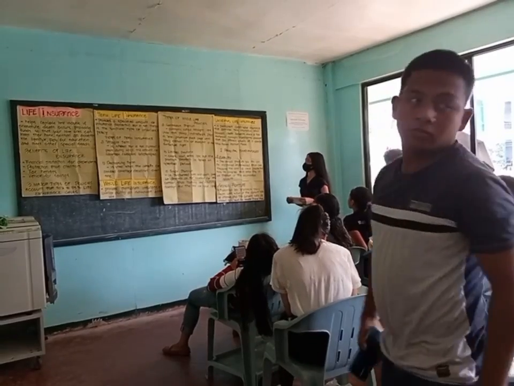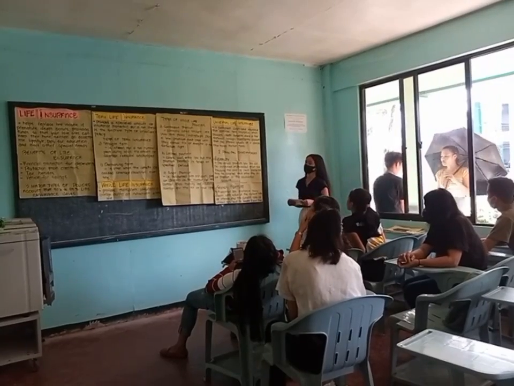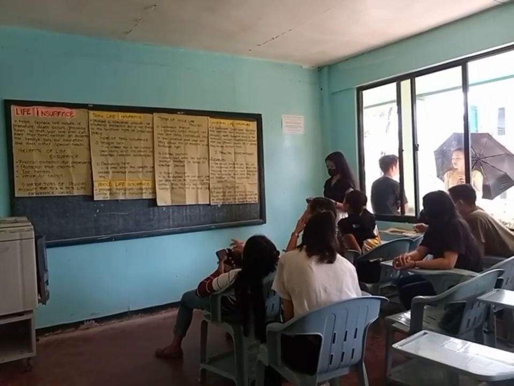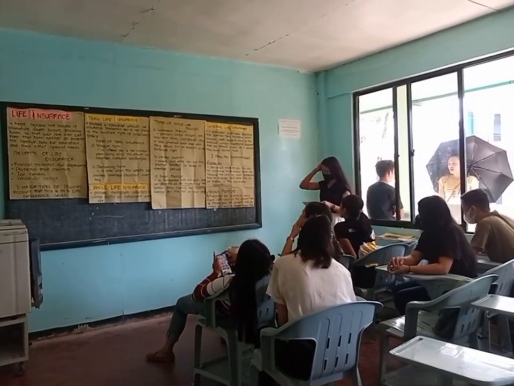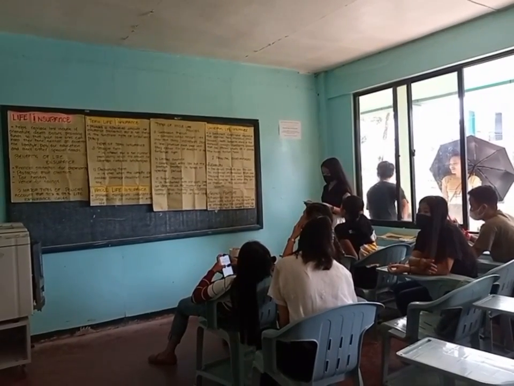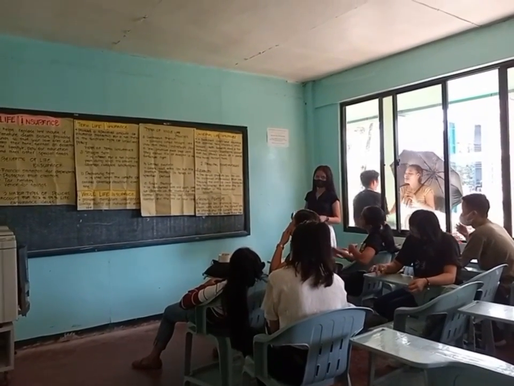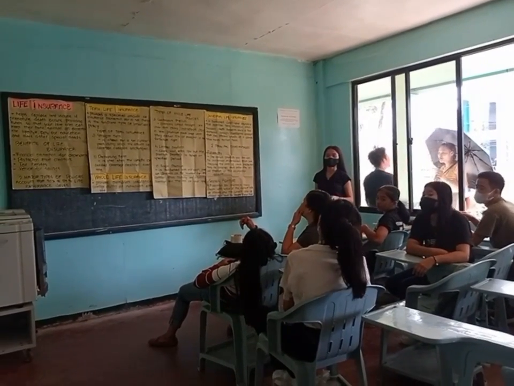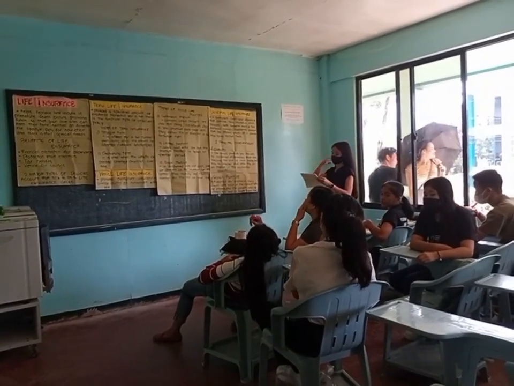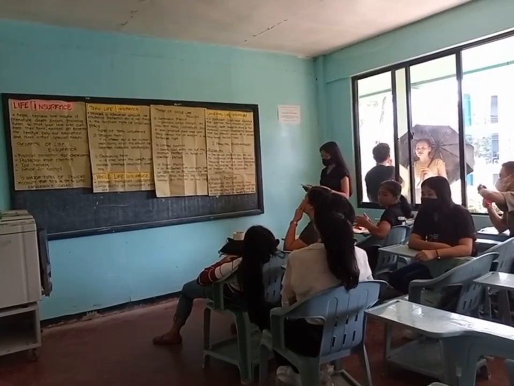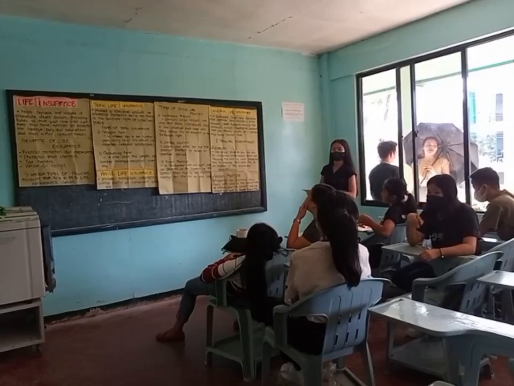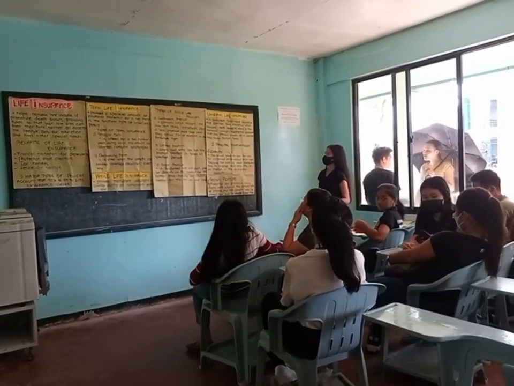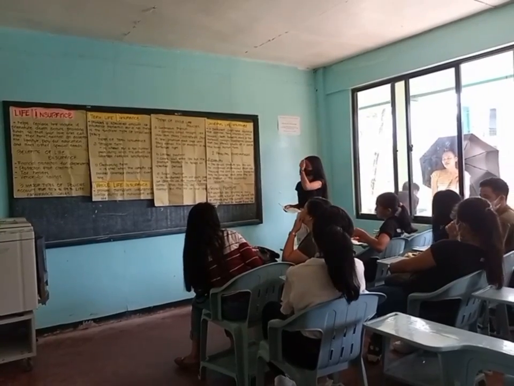Who has an idea about universal life? Universal life insurance is permanent life insurance. What makes universal different is that it is like whole life and another type combined, so it is like one.